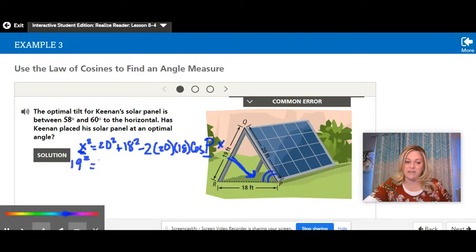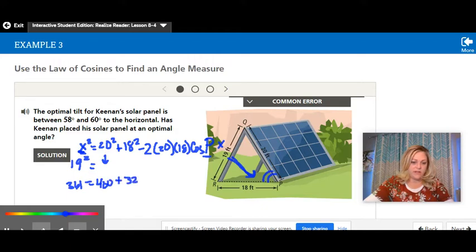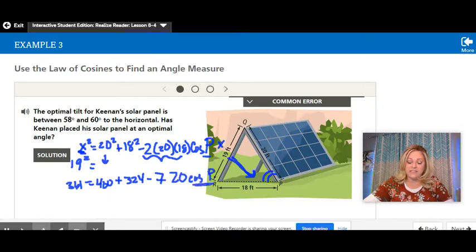All right, so let's figure this out. And I'm just going to drop these all down here. So 19 squared, 20 squared, and 18 squared. Figure those out. 19 squared is 361. 20 squared is 400. 18 squared is 324, minus, you can do all this in front first and get 720 cosine P. Again, all we are missing is this cosine P. So let's combine these like terms as much as we can and get cosine P by itself.